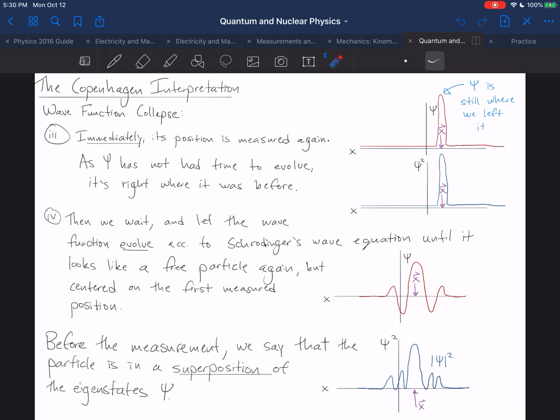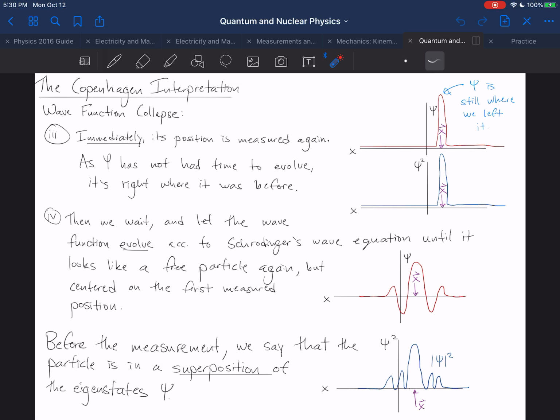Strictly speaking, we say the particle is in a superposition of the possible eigenstates it could be in once measured. So the wave function is sort of holding all of the different states the particle could be found in at once. That's a loose way of saying it. This is fundamentally the way the Copenhagen interpretation works.